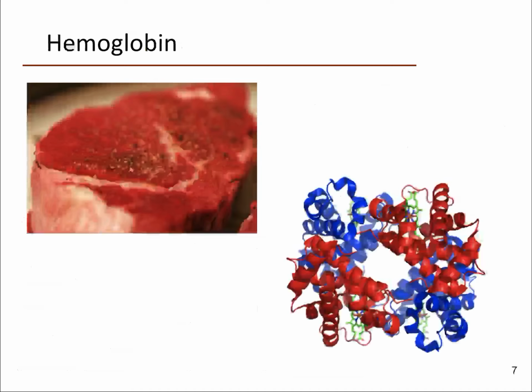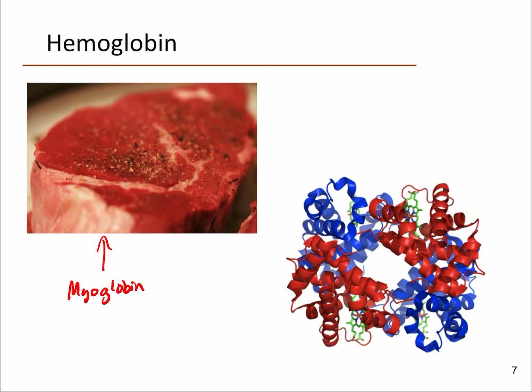Hemoglobin is just one example of a protein. It's the oxygen carrying protein that we find in blood. This picture I have is actually a little bit misleading because hemoglobin is not the same protein that makes meat red. It's the protein that makes blood red, but there's a closely related protein that you find in meat called myoglobin.